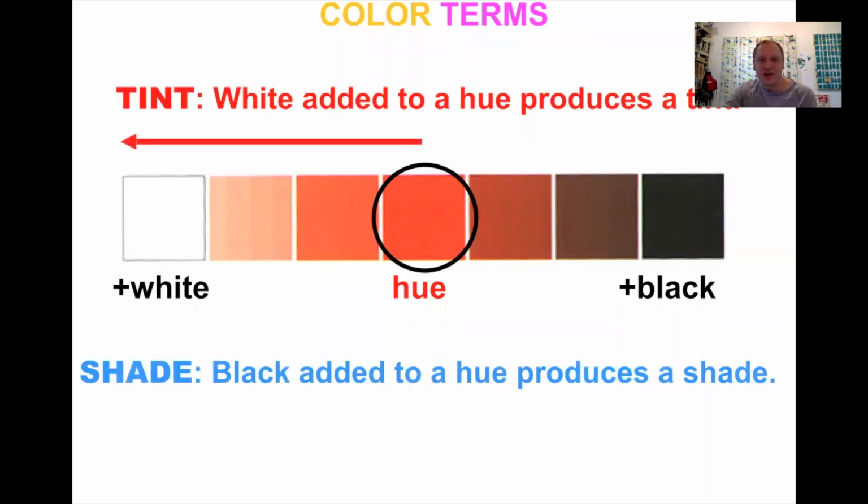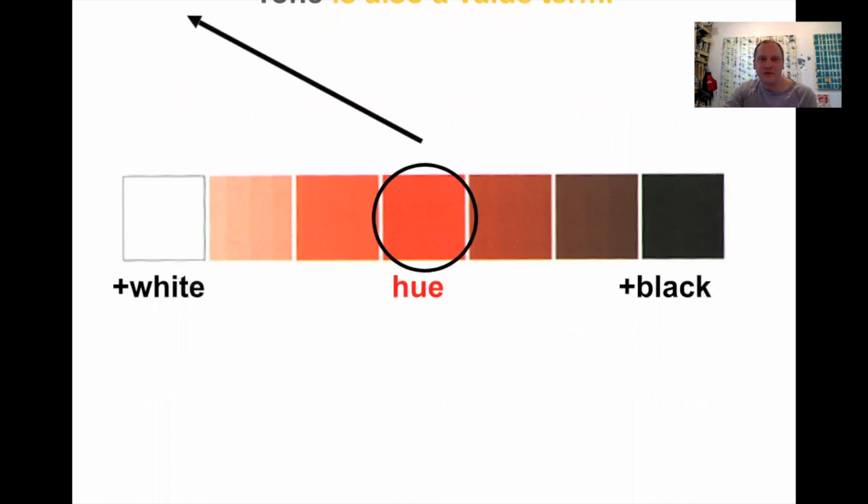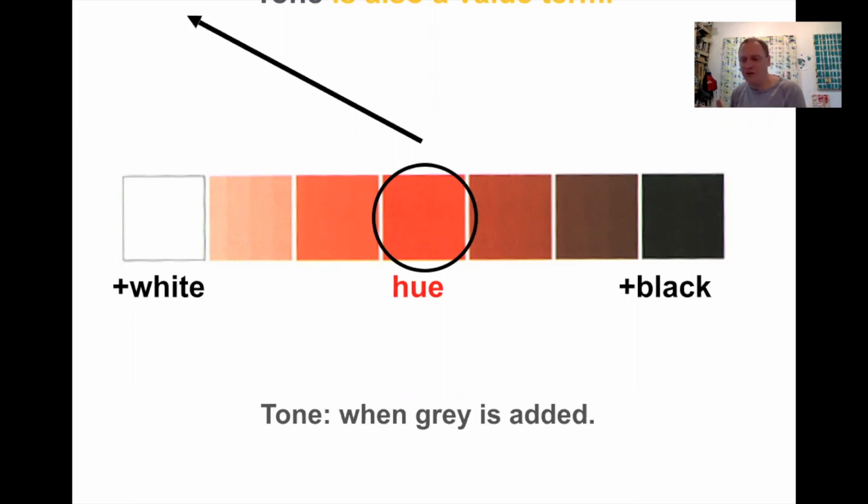Shade. A shade is when you add black to a color. And finally, a tone is when gray is added. So tint is when white is added, tone is when gray is added, shade is when black is added. These are terms that people misuse all the time.